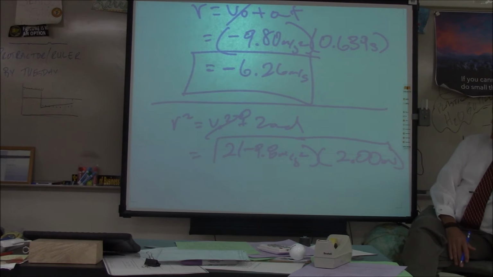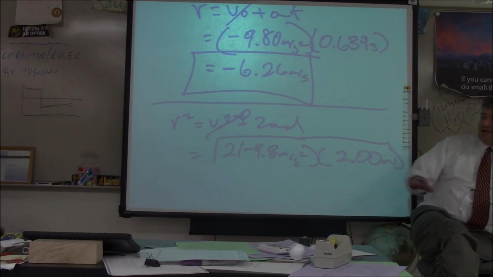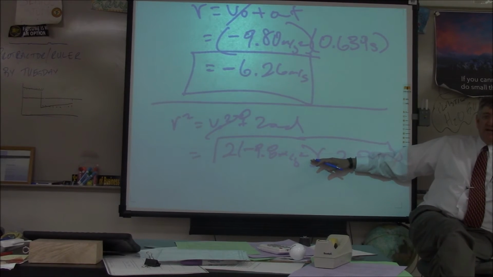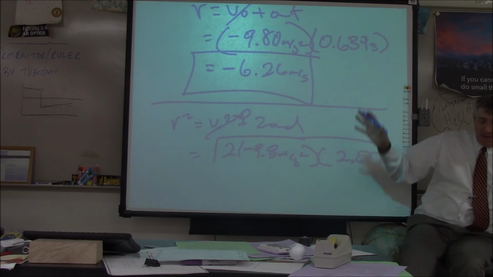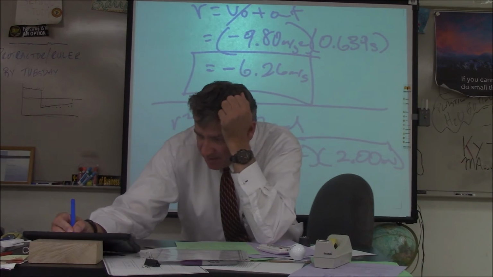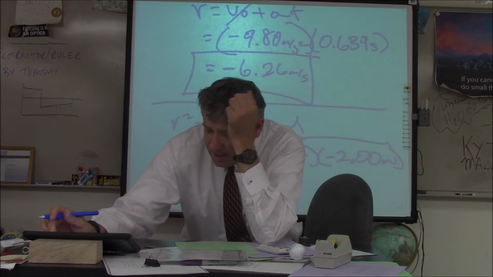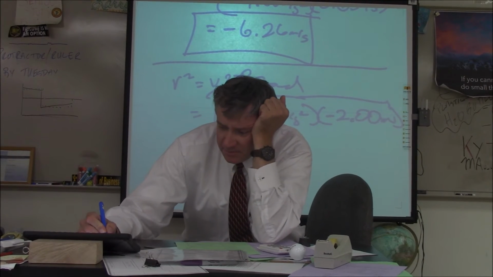Okay, but again, how can we fix the situation? Put a negative sign here, or we can just make that positive, but then that wrecks the entire problem. So we're going to make a negative number underneath here. Now this is where your calculator will lie to you.